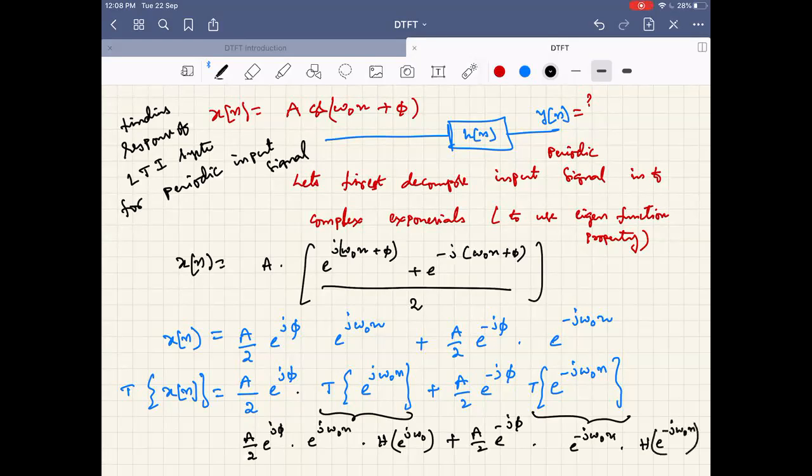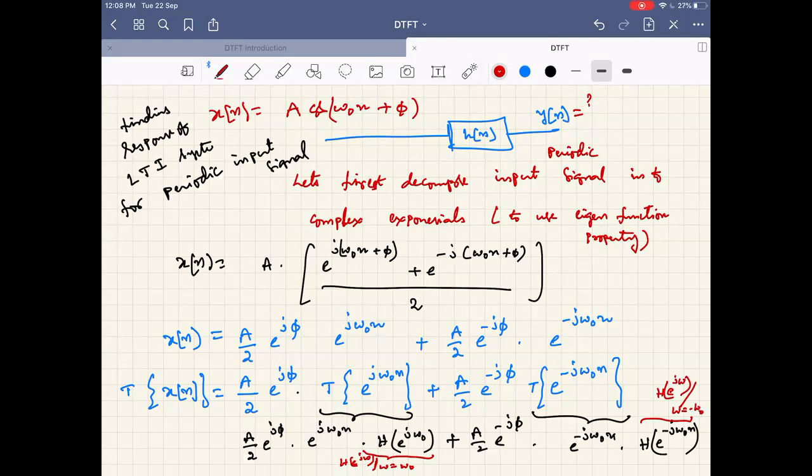Please be very clear here, because the input frequency is minus omega naught. So what essentially we are doing here? This is nothing but H of e power j omega at omega equal to omega naught, whereas this is nothing but H of e power j omega at omega equal to minus omega naught.